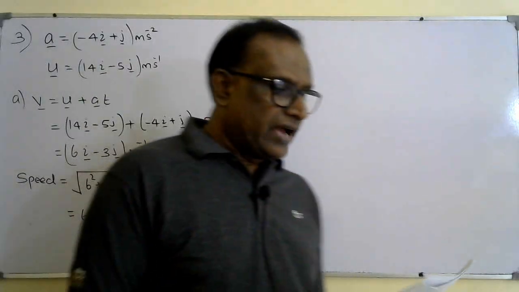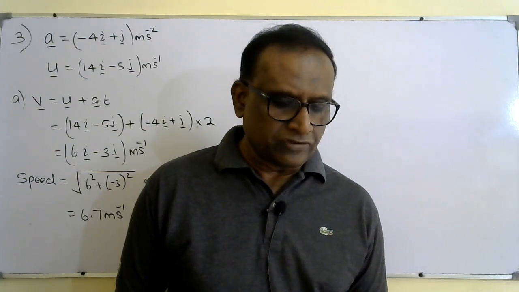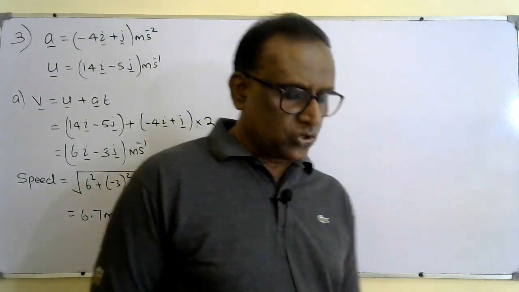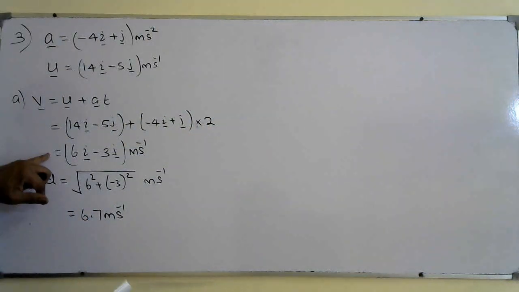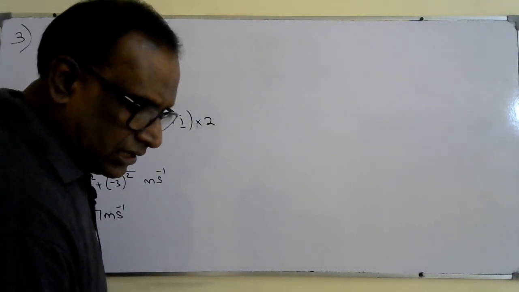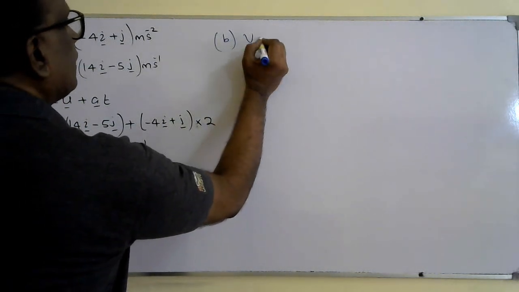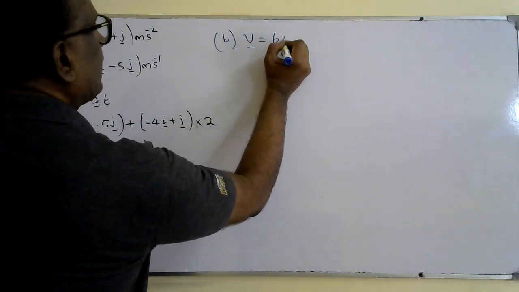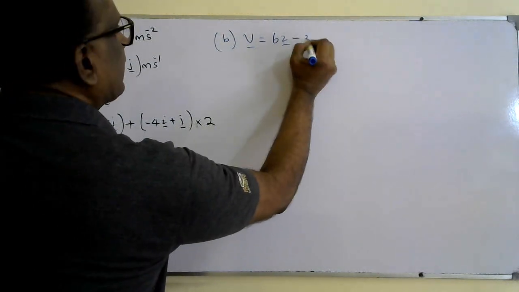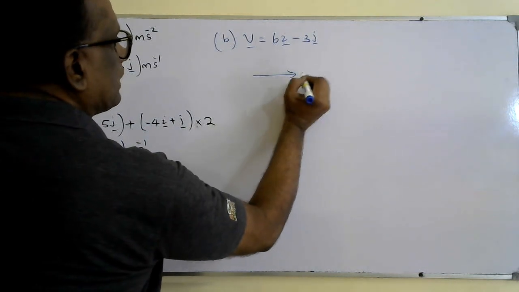Find the size of the angle between the direction of i and the direction of motion of P at 2 seconds. So we know the velocity vector. The velocity vector shows that at 2 seconds it is 6i minus 3j. So that means in the direction of i, the magnitude is 6.